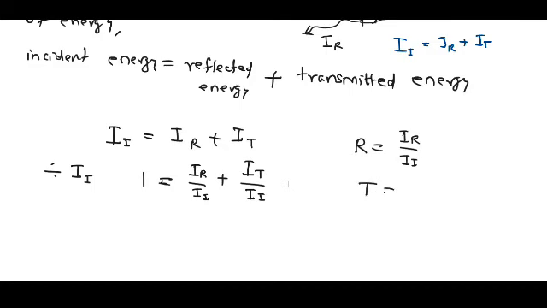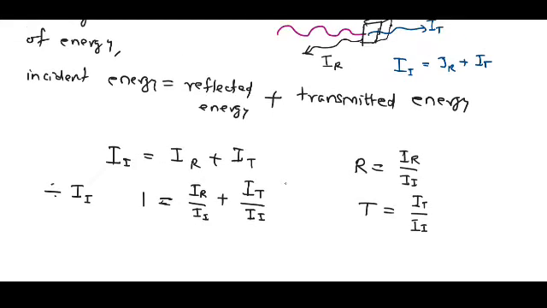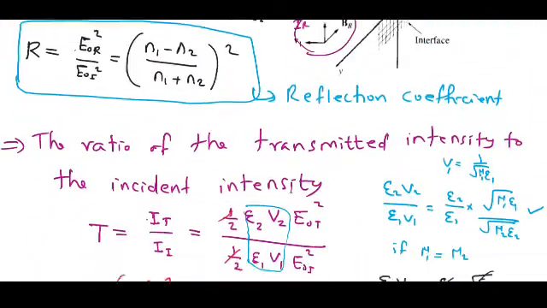The transmission coefficient T is equal to transmitted intensity IT divided by I. If you go back, we have already written here.